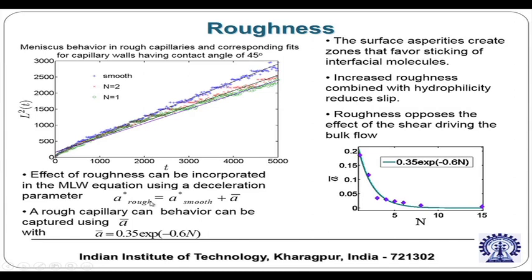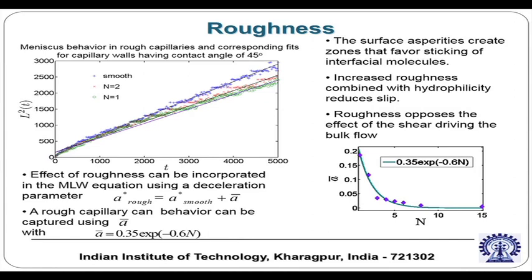So we can see that the roughness we can incorporate in the acceleration parameter by defining a non-dimensional acceleration a star rough equal to a star smooth plus a correction parameter that depends on the roughness, which varies exponentially with the roughness parameter. So we can incorporate roughness, wettability, coupling, which is very important in the small scale domain, and the effect of the driving force.